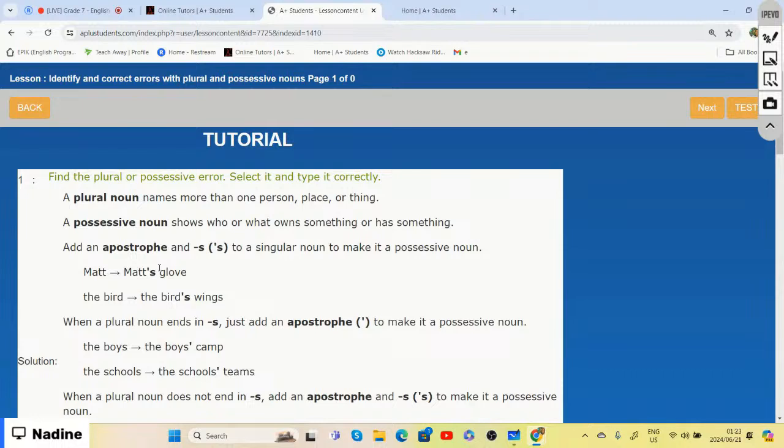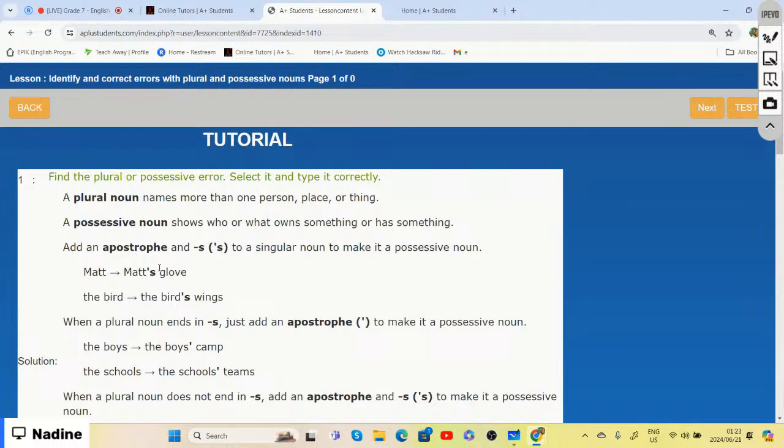All right. So with plural nouns, it's basically just showing that there's more than one person, more than one place, or more than one thing. It's like saying just more than one thing, right? And here we're coming to what a possessive noun is, right?